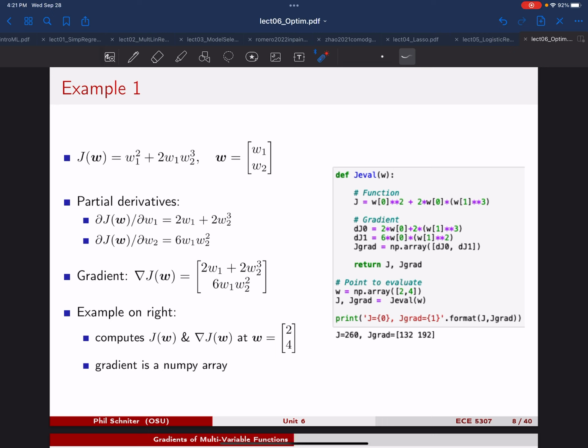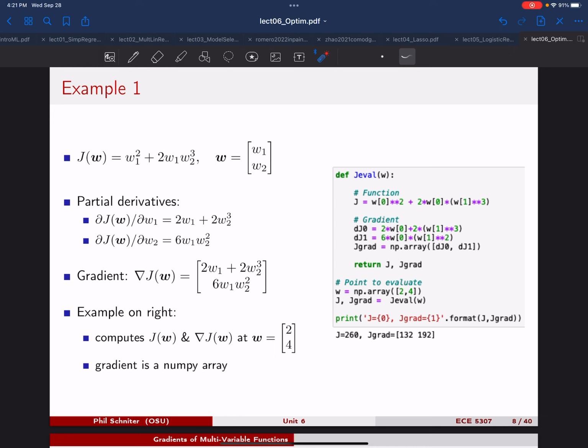Here we define a function that takes in w, and you can see we're computing j here. We're taking the 0th element of w, the first element, and doing all this stuff here. This function definitely works with vectors.